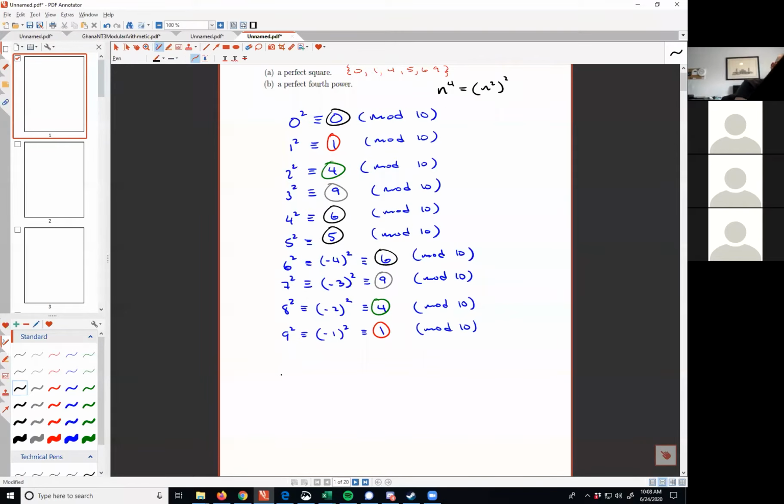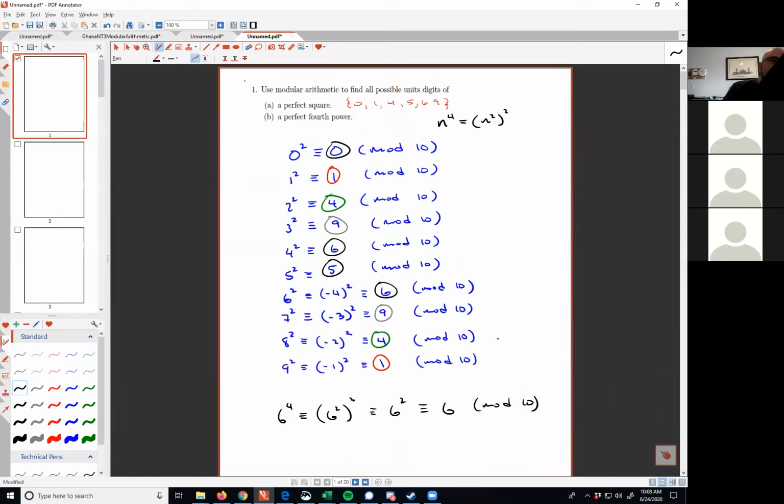For instance, 6 to the fourth power is 6 squared squared, and 6 squared is 6, so that's just 6 squared, and that's 6. And since 4 squared is 6 and 9 squared is 1, we wind up with an even smaller set of possible units digits, smaller set of residues modulo 10.